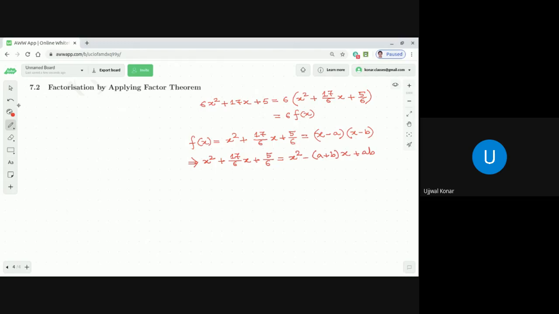As it is an identity, definitely the constant term on the left hand side should be equal to the constant term on the right hand side. So what can we conclude? We can conclude that ab is equal to 5 by 6.